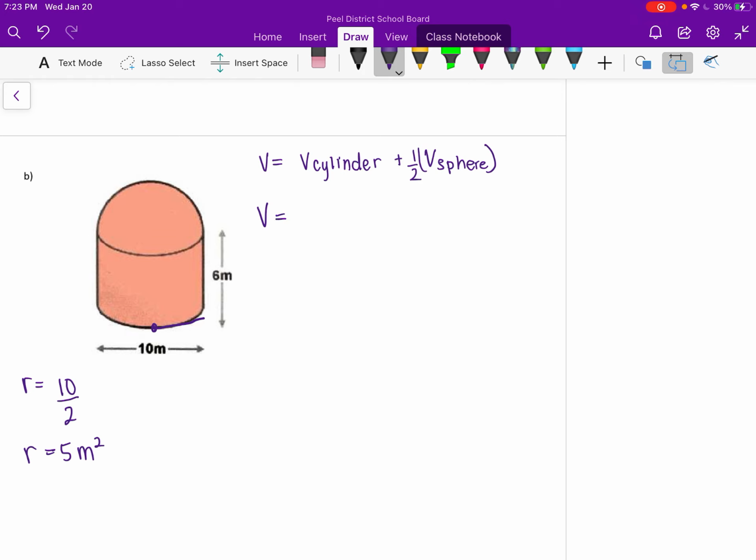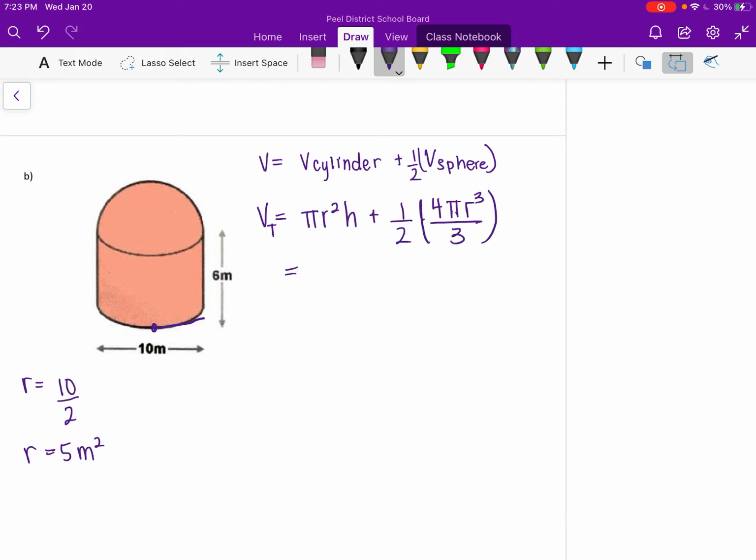So total volume equals volume of the cylinder, which is pi r squared times height, plus half the volume of a sphere, which I know from the earlier lesson is 4 pi r cubed divided by 3.